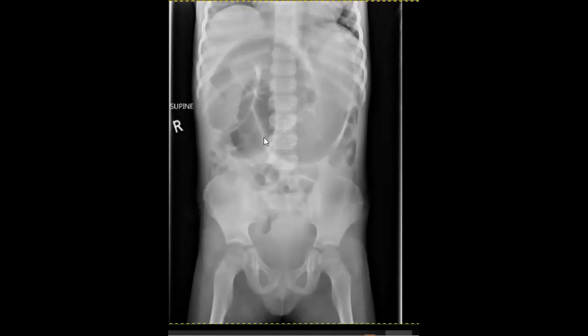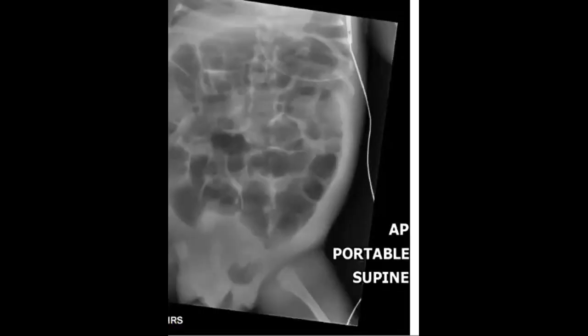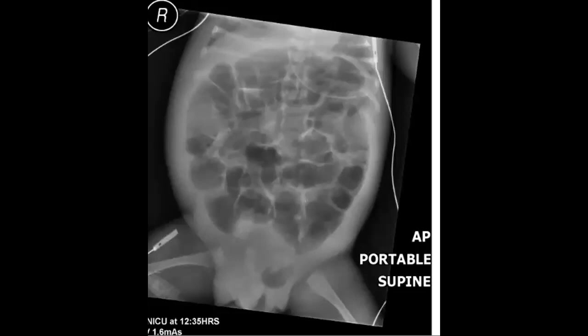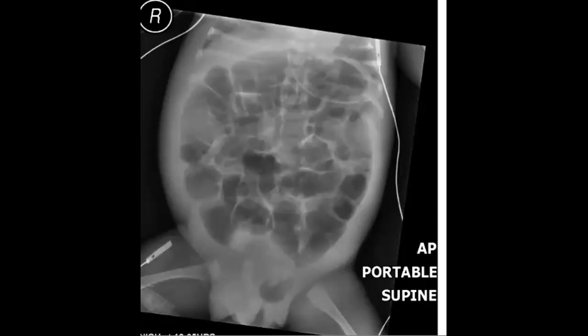Large bowel dilatation. This one is very famous in the exams. So small bowel obstruction with left inguinal hernia. The cause is inguinal hernia obstruction.